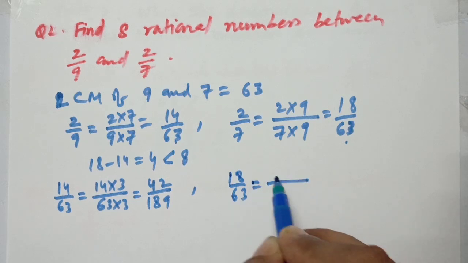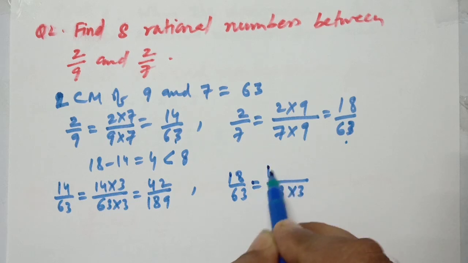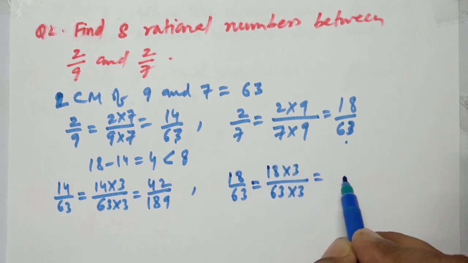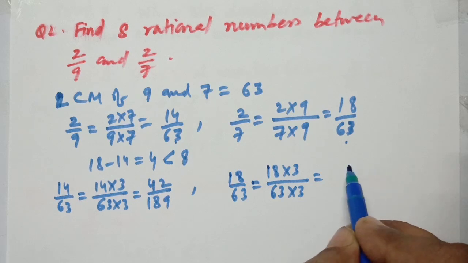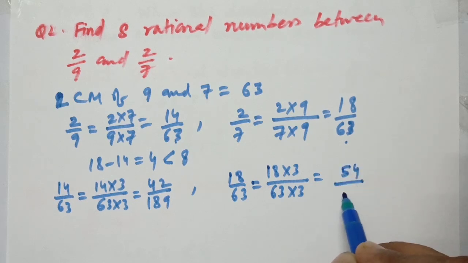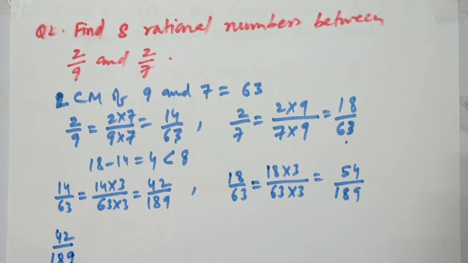If you multiply both by 3, it becomes 54 by 189. Now 42 and 54, the difference is more than 8. Now we can very easily write down the numbers between 42 and 54. So we can get 8 numbers between them. Write down any 8 numbers.